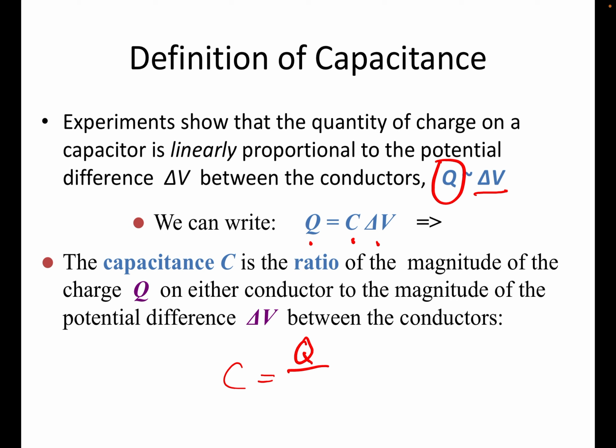So we can write C as Q divided by delta V.